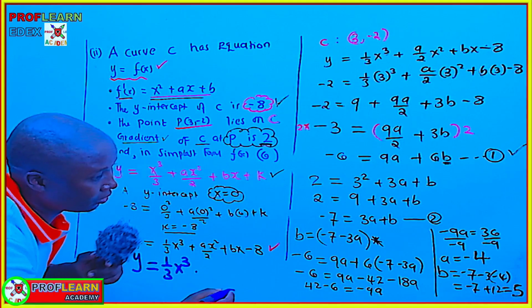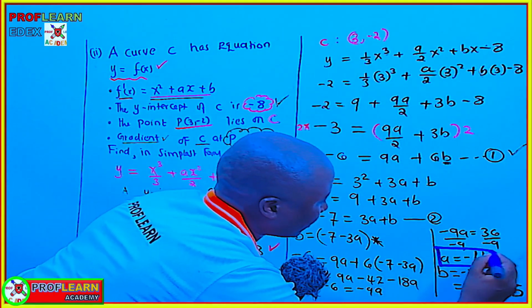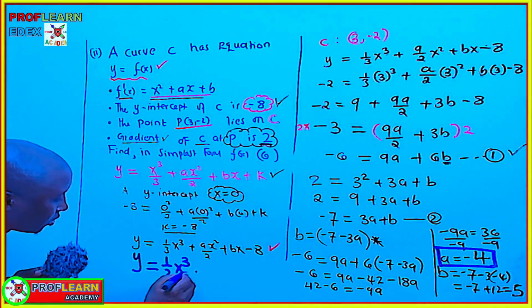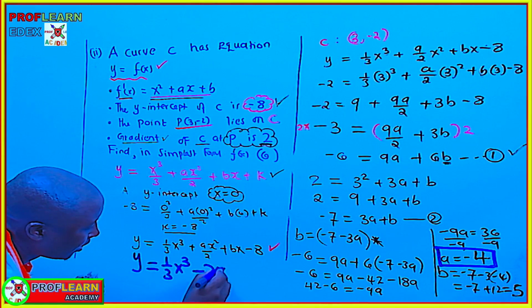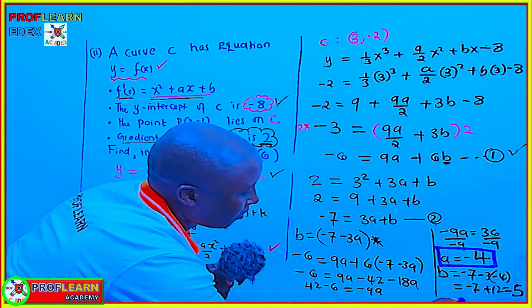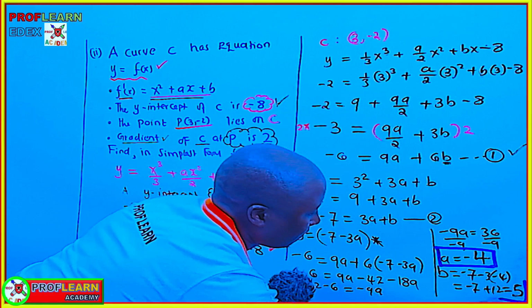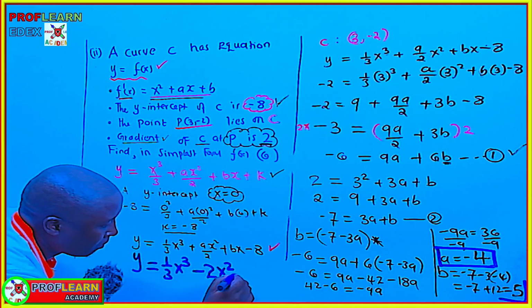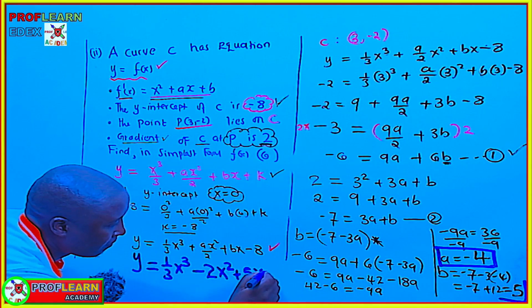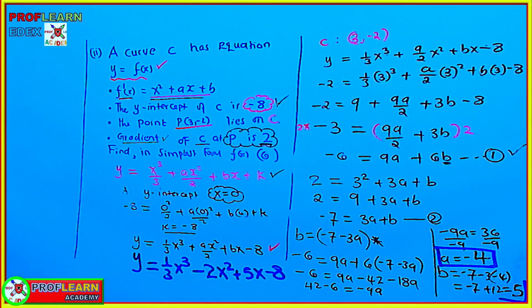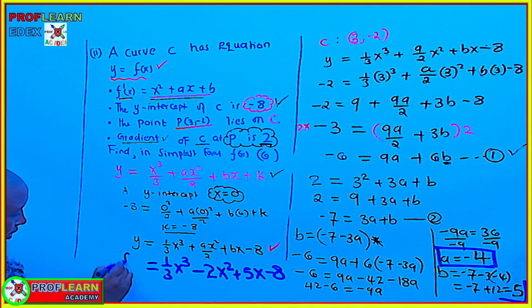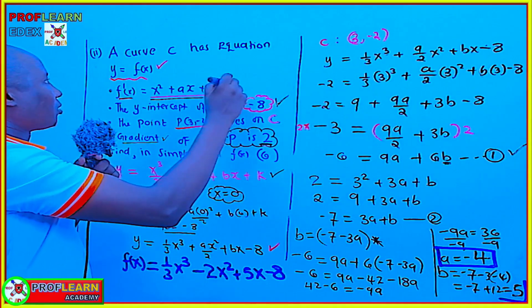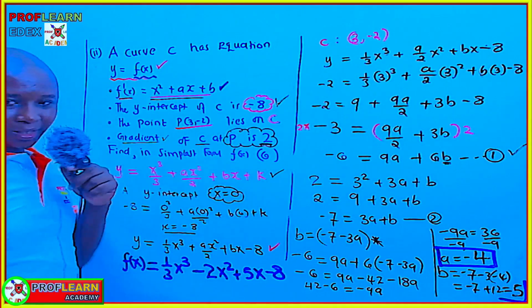A is negative 4, so this minus 4 over 2 will be 2x squared. B is positive 5 here. So this is going to be plus 5x minus 8 as the expression that was expected. This is our f of x that we were supposed to find in this particular question.